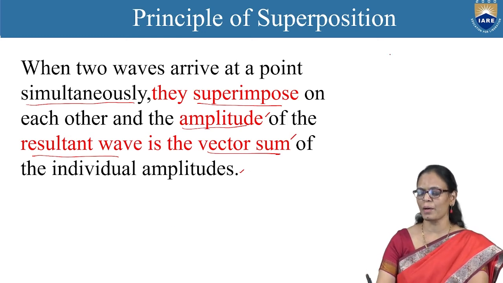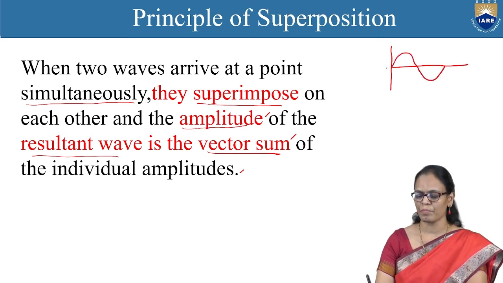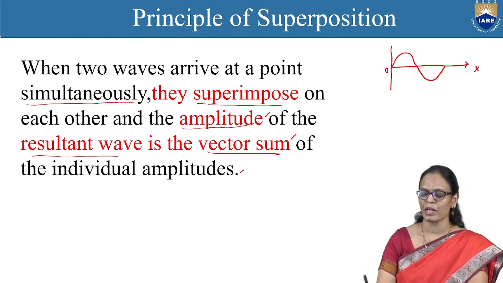So when I talk about a wave, this is a wave. For example, this is the origin. Along the x-axis it propagates. This is the displacement. The maximum displacement, we call it as amplitude. Amplitude is nothing but the maximum displacement from its mean position.